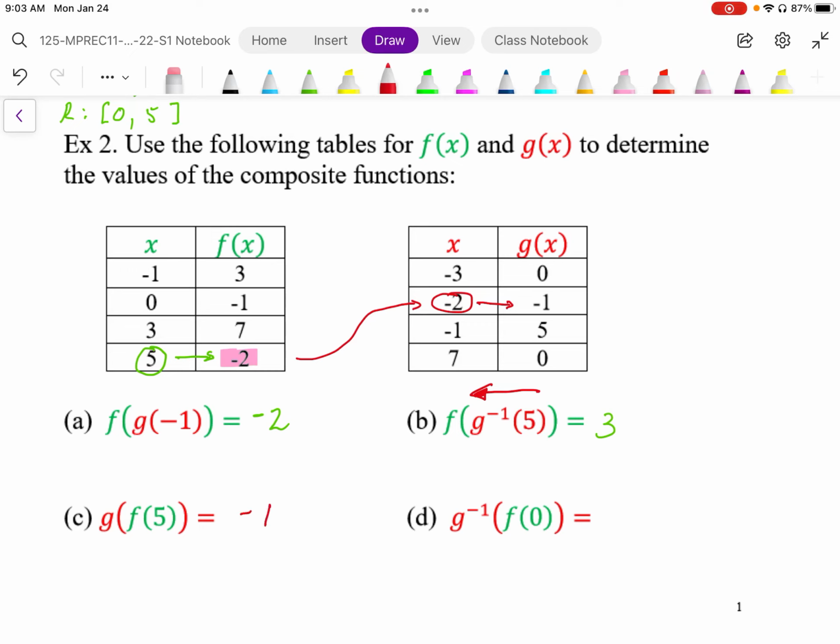So there's my answer, -1. Again, notice the flow starts from the inside embedded function f, and we're inputting 5 into that green function, getting an output. That output goes into the input of the red function, and we end up with the value of -1.